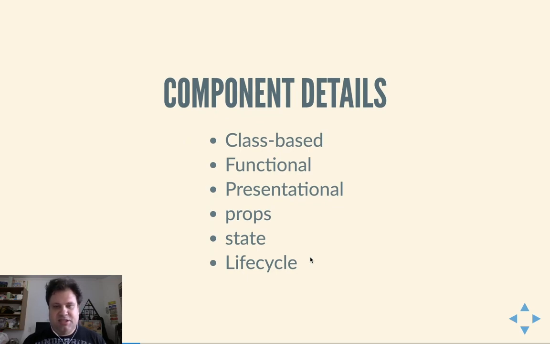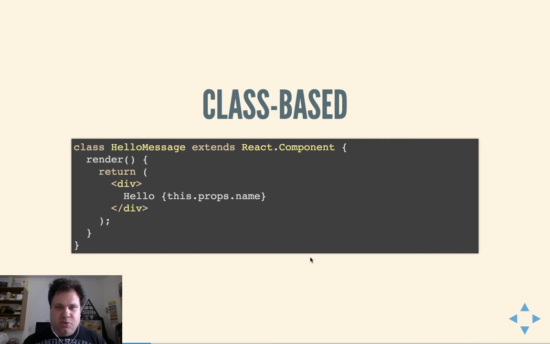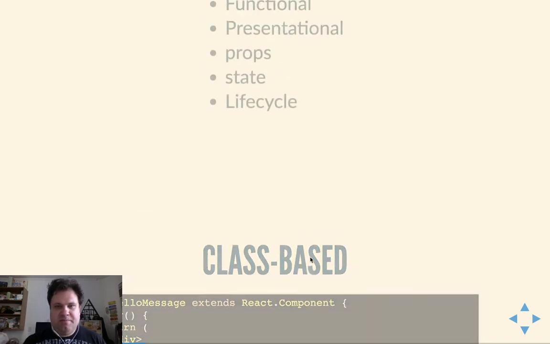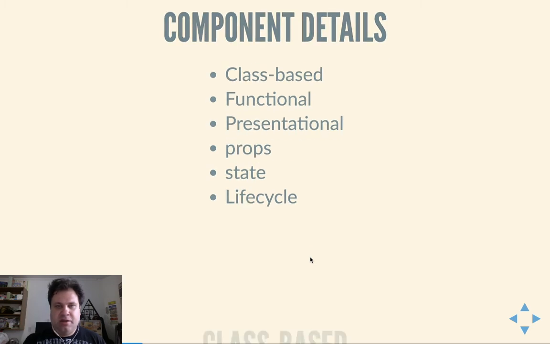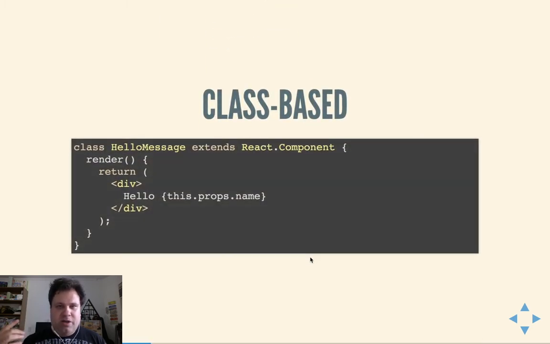Okay, so let's talk about components in further detail now. There are two types of components, class-based and functional, and we're going to take a look at both of them now. A class-based component looks like this. You declare a JavaScript ES6 or ES2015 class that extends React.Component.